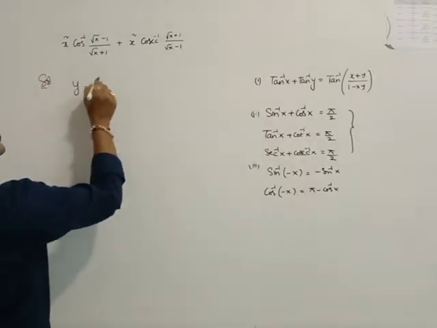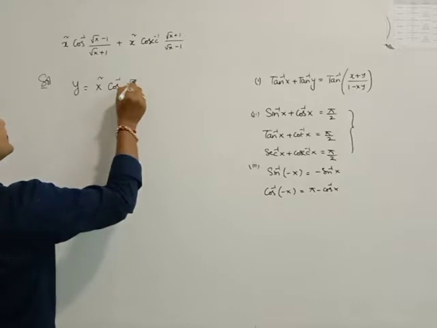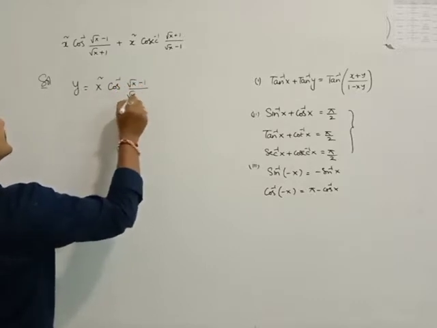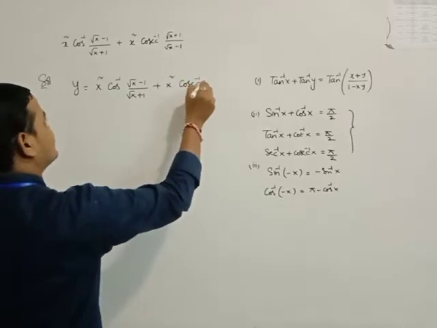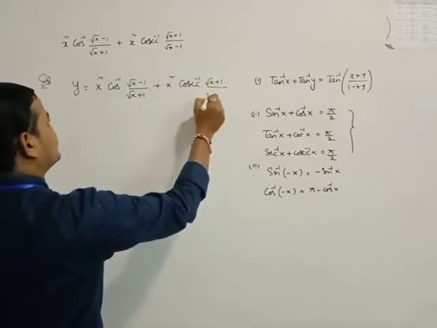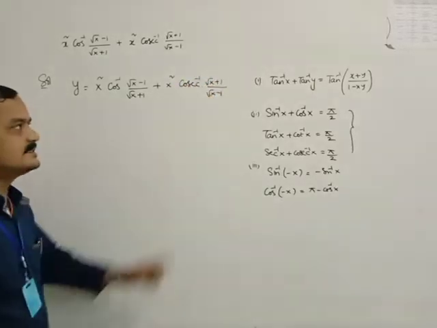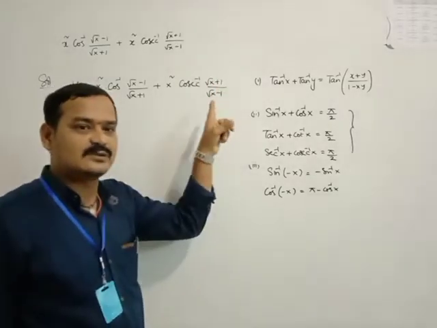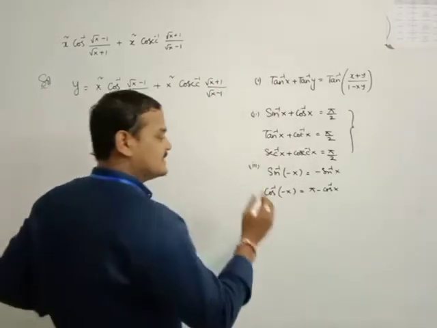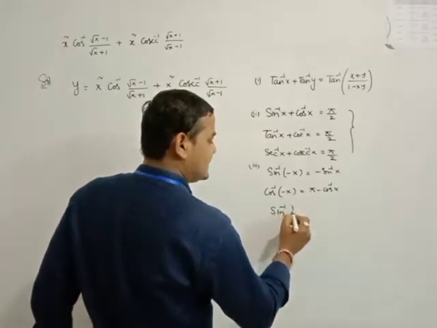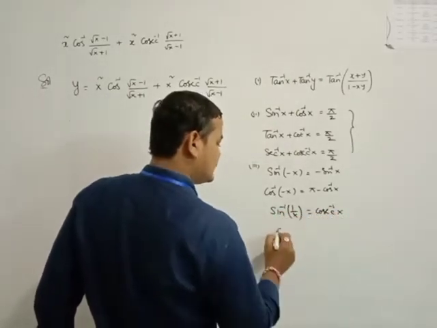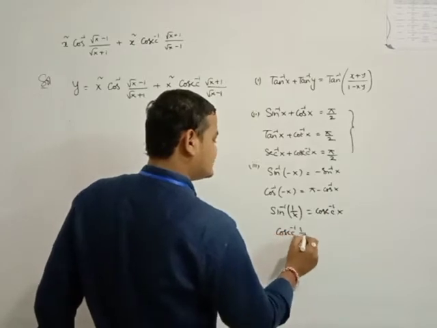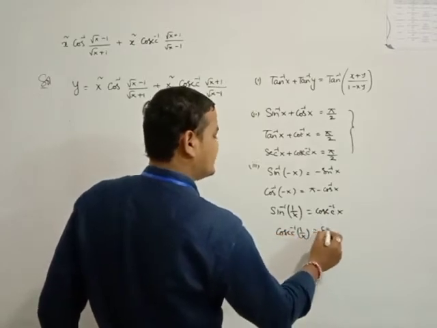y is equal to x square into cos inverse of root x minus 1 by root x plus 1 plus x square into cosec inverse of root x plus 1 by root x minus 1. Since cosec inverse of x is equal to sin inverse of 1 by x, as I said in the previous class, similarly cosec inverse of 1 by x is equal to sin inverse of x.